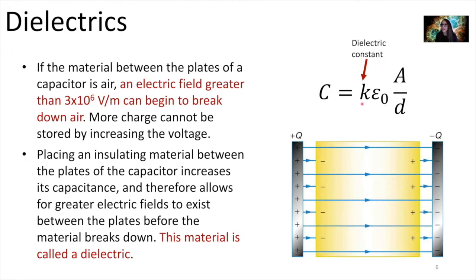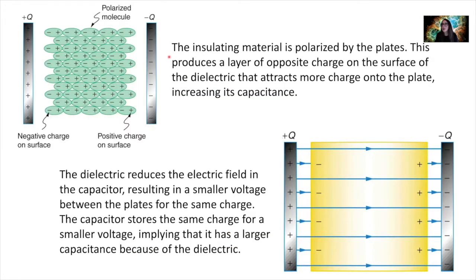Here it's represented as K. Sometimes I'll write a fancy script K to represent our dielectric constant. It does not have a unit. The capacitance of any capacitor with a dielectric inside it is just the dielectric constant of the material, which you have to look up off of a chart as a property of that material, times epsilon naught times A over D.